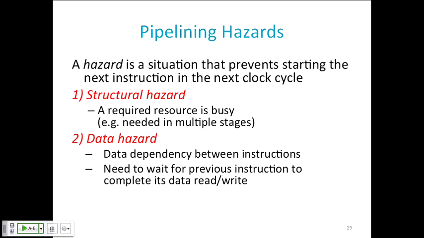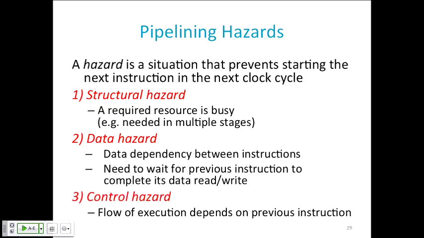One instruction needs a value that the previous one is producing, and the previous one hasn't produced it yet. And the last one is a control hazard, which is when I don't even know what the next instruction is supposed to be, because the current instruction is a branch or a jump that's going to change the program counter, not just by +4, but to jump to some other place in the code. So these are the 3 major categories of hazard.